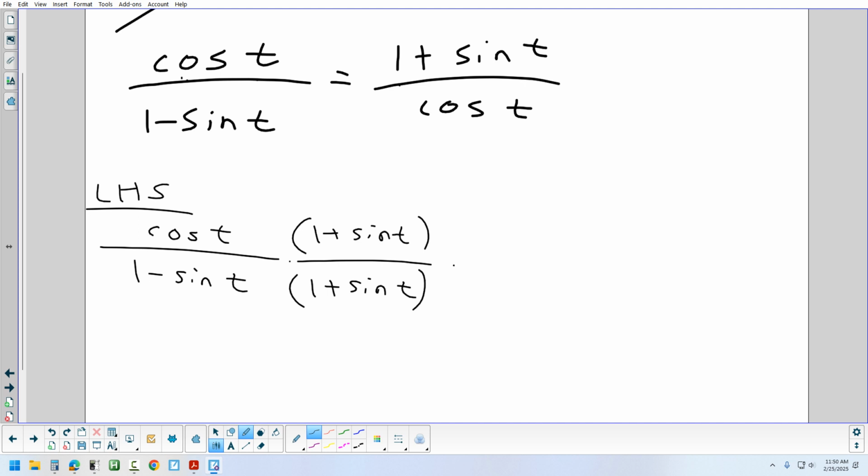Now, anytime you multiply by a conjugate, yes, you are supposed to distribute the cosine out, but don't do it in this step. Just leave the top as cosine times 1 plus sine. If you distribute the cosine out, which is something you could do, you're going to be wasting time.